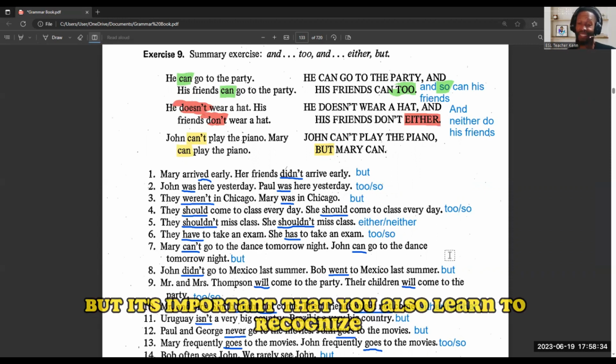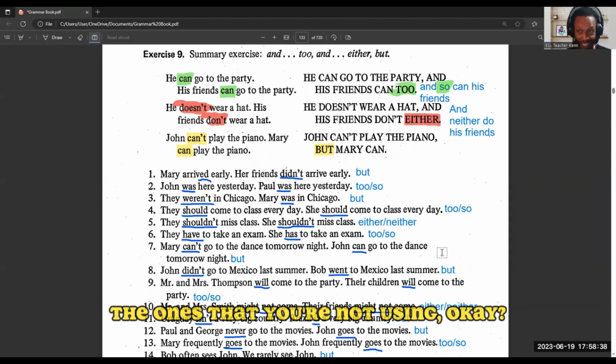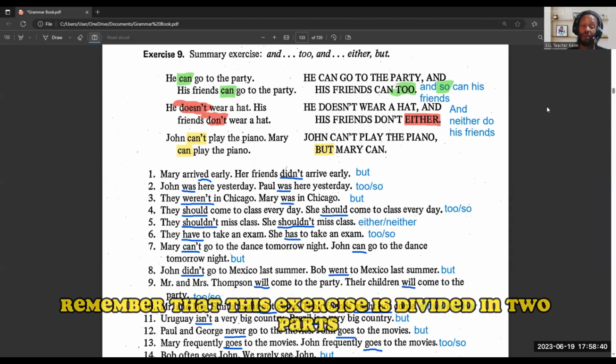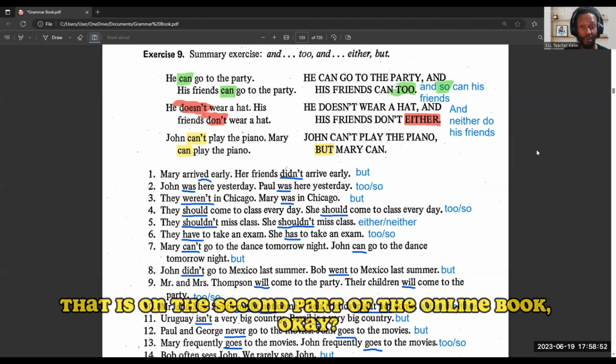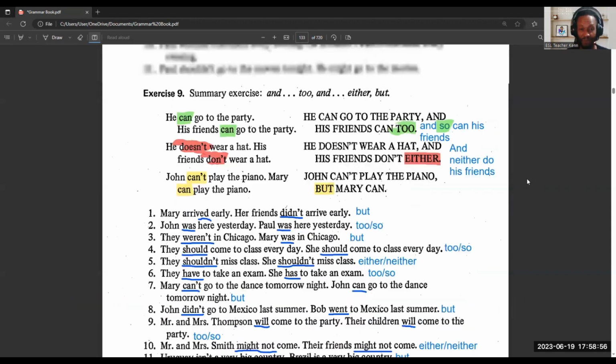But it's important that you also learn to recognize the ones that you're not using, okay? Remember that this exercise is divided in two parts. There is a conversation practice on this part of the book, and there is a written practice on the second part of the online book, okay?